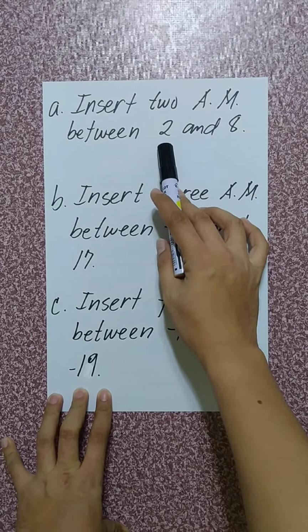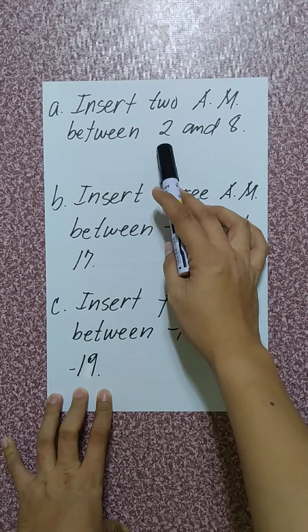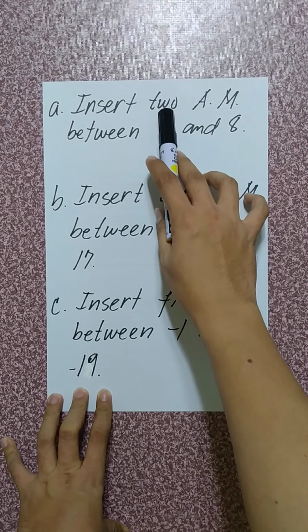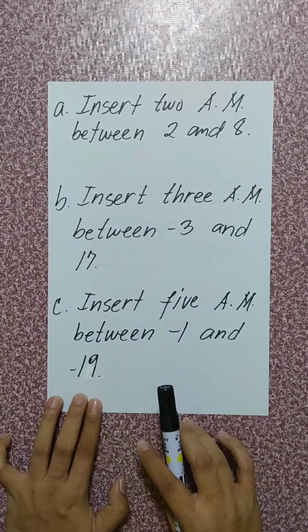And on this problem, 2 will serve as your first term, 8 will be your last term, and we're going to insert two arithmetic means. So let's answer it in separate paper.